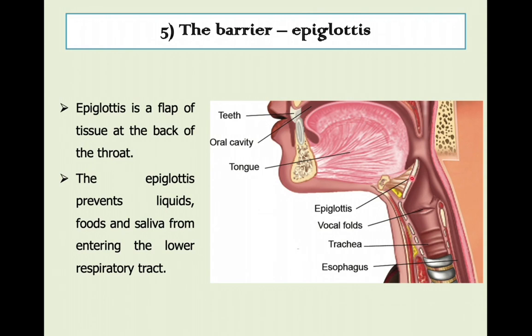So this is epiglottis, right? So ni esophagus, and this is trachea. So trachea ni, okay, kalau you tengok kat sini, there are two ways lah. Alright, two channels. The first one is trachea channel, and second one is esophagus channel.